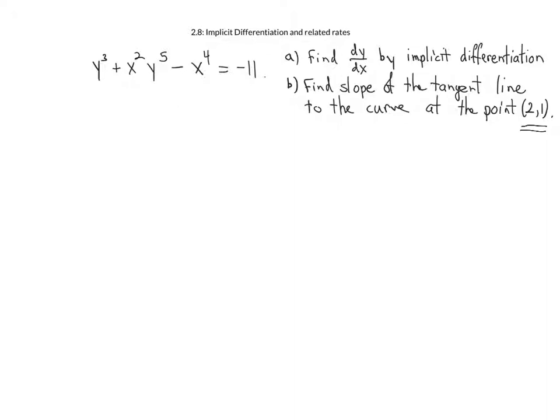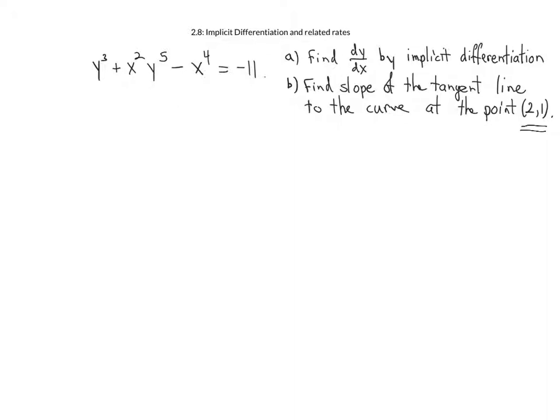So if I do that, well, I get 1 cubed, which is 1, plus 2 squared times 1 minus 2 to the 4th, and that simplifies to 1 plus 4 minus 16, and that is equal to negative 11, which is the right-hand side of this equation up here. Okay, let me delete that.